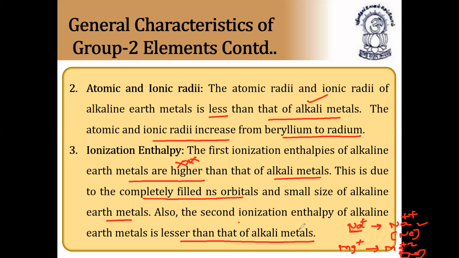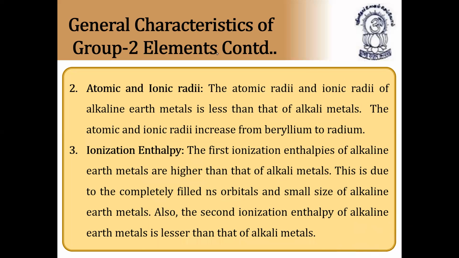That's why the second ionization enthalpy of alkaline earth metals is lesser than that of alkali metals: for alkali metals the second electron is from an inert gas configuration, whereas for alkaline earth metals it is not. Very, very important point.